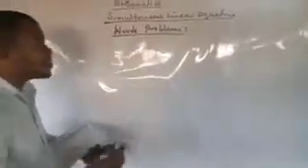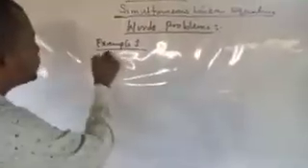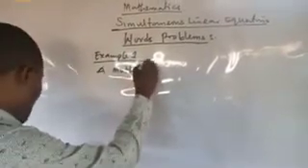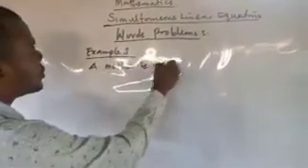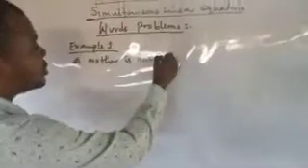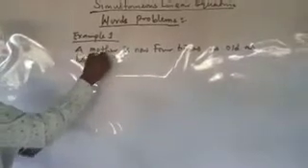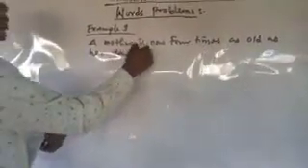Simultaneous equation word problem. Example 1. The question says: a mother is now 4 times as old as her daughter.